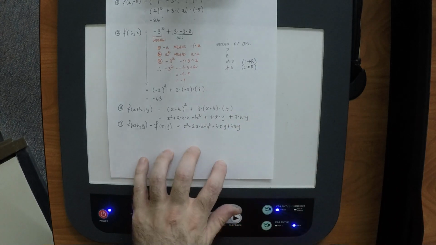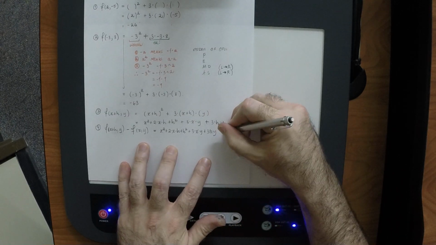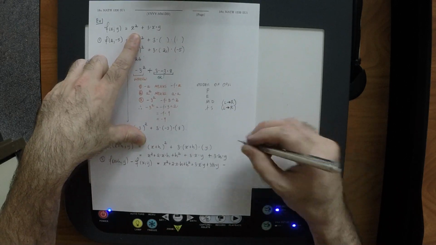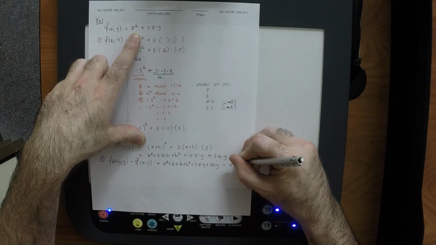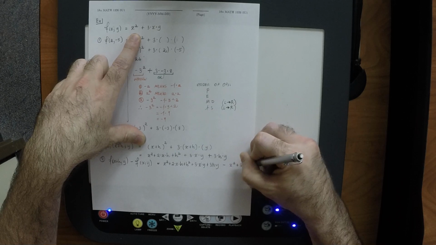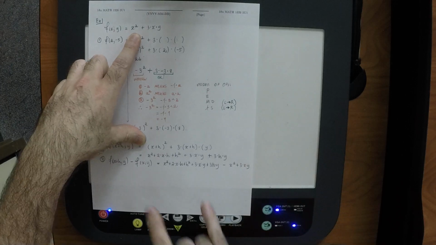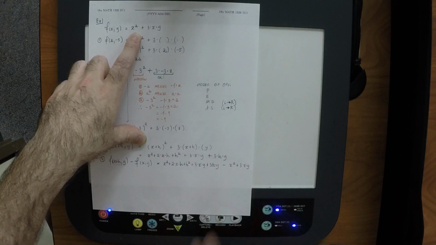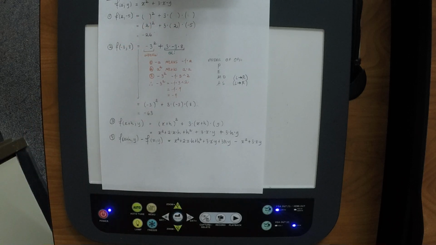That's the first thing, and then I want to subtract the original one, which is x squared plus 3xy. So the first one, subtract the second one. And what I have written is not right.